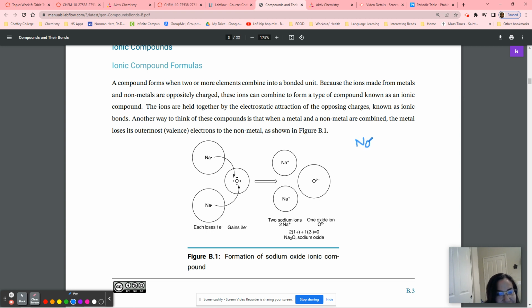So we had sodium, and we're going to just do stage 3 so you guys get it, with the plus here, and we had our oxygen, 1, 2, 3, 4, 5, 6. And we had that electron that went in here, and then the other electron that went in there. So we had the other sodium with its positive here, and then oxygen is going to have a -2 charge.